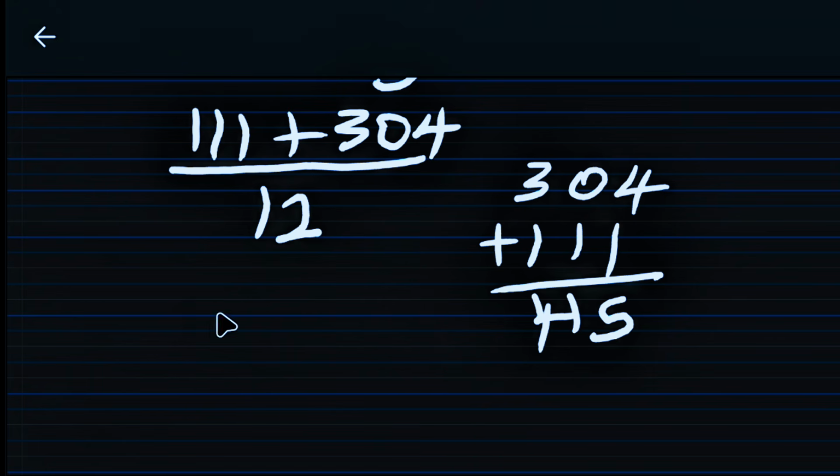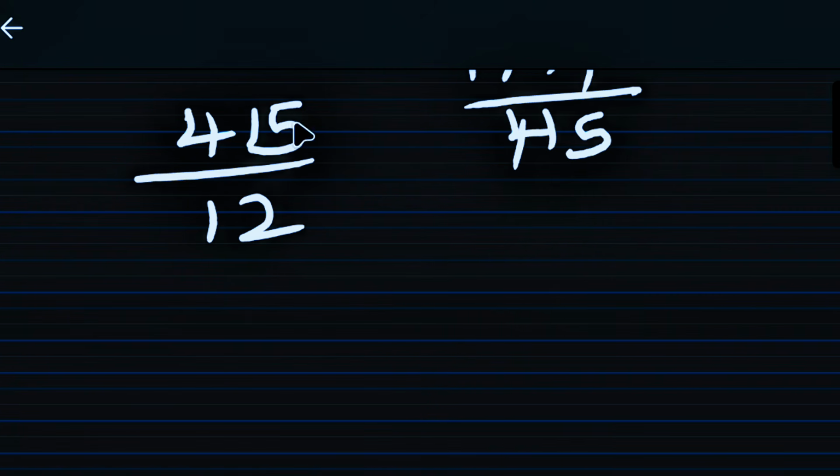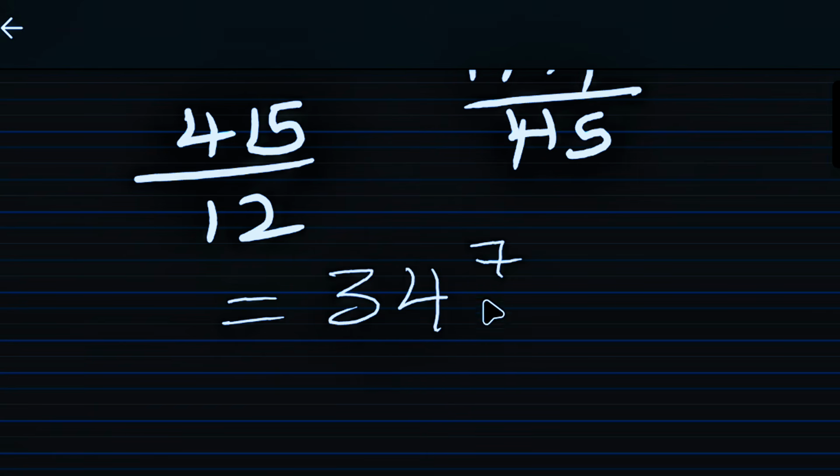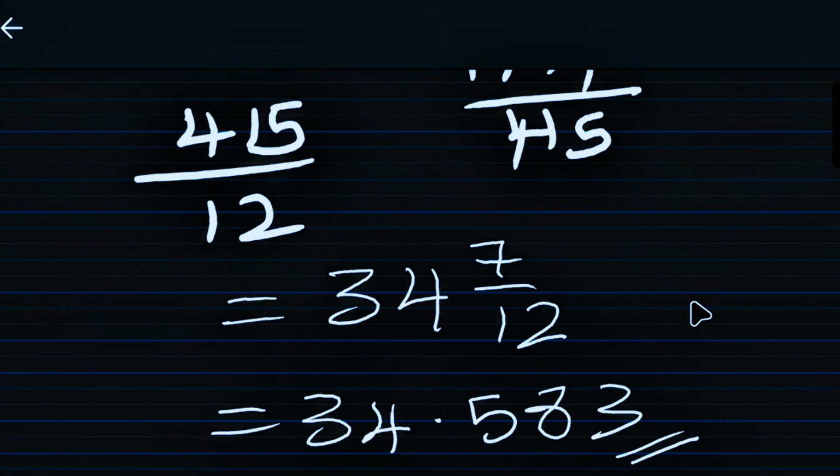So we have 415 divided by 12. Now, this is an improper fraction. 415 divided by 12 will give us 34 and 7/12, okay? And if you want it in decimal form, it is equal to 34.583. So this is the result to our question.